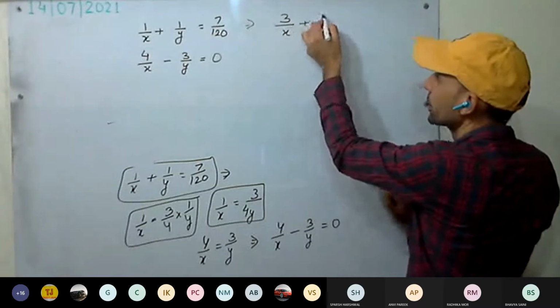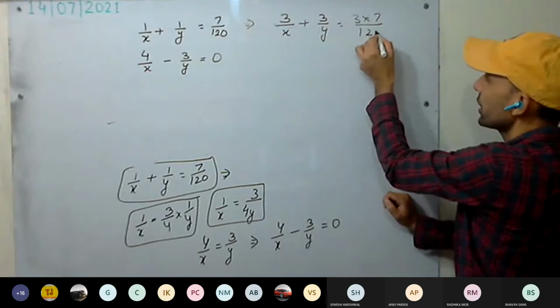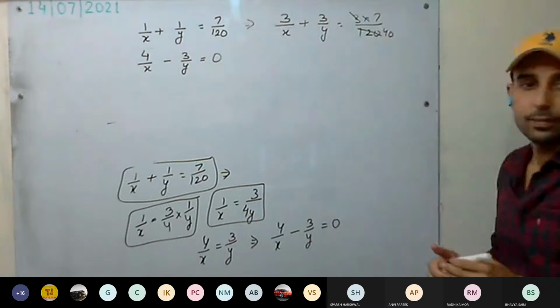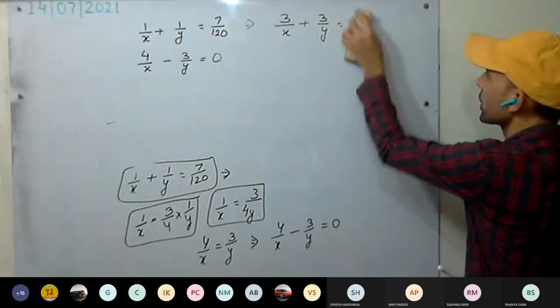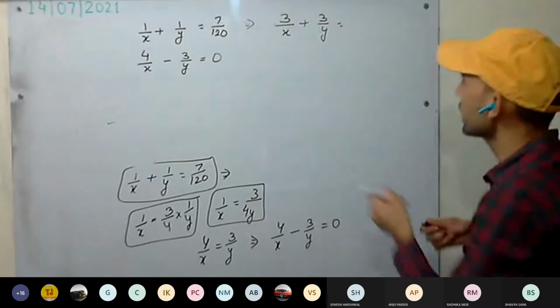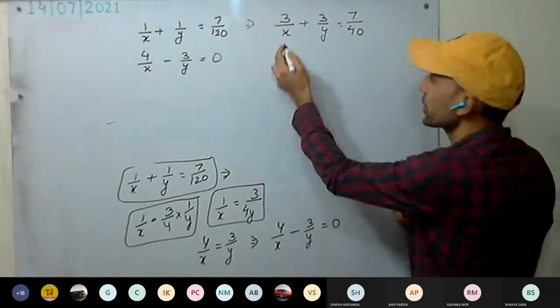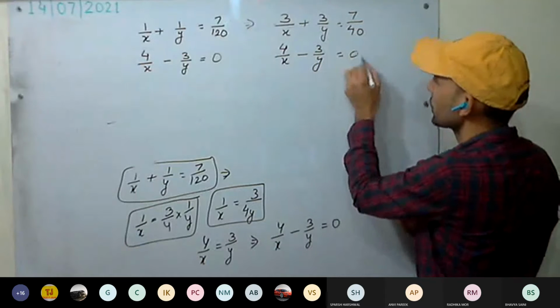3 by x plus 3 by y equal to 3 into 7 upon 120. I can cancel this one. We are getting 7 upon 40. The second equation is 4 by x minus 3 by y equal to 0.